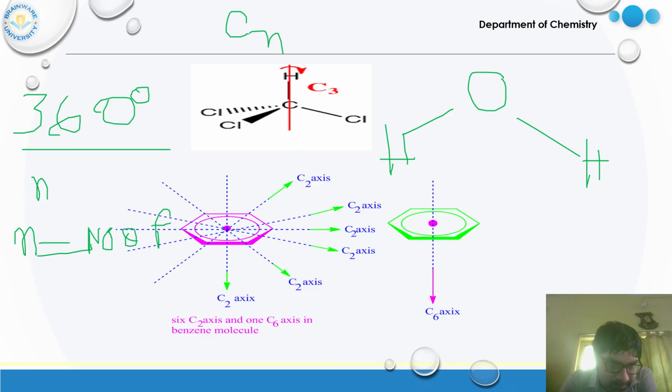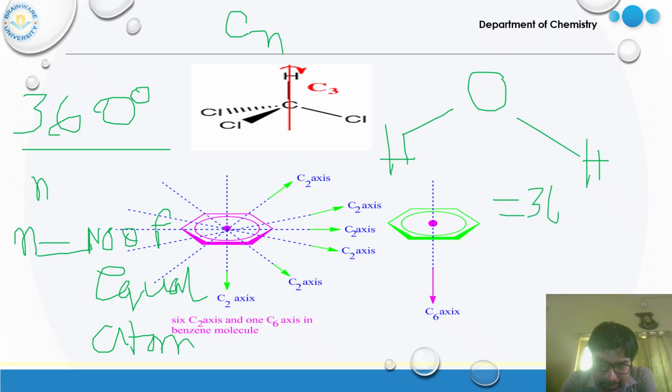Very mechanical. So for water, the number of equal atoms is 2. So rotation will be 360 degrees by 2, which means 180 degrees. So the molecule possesses Cn, where n is 2, C2.